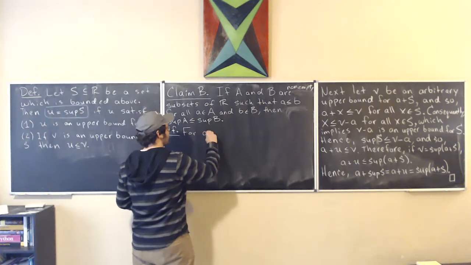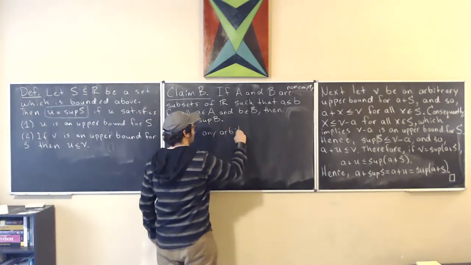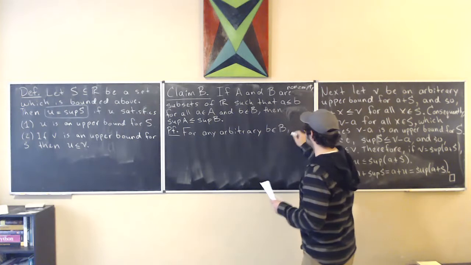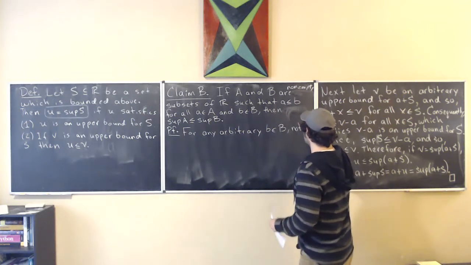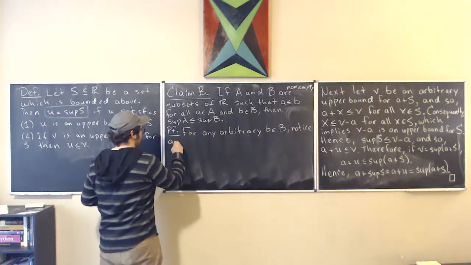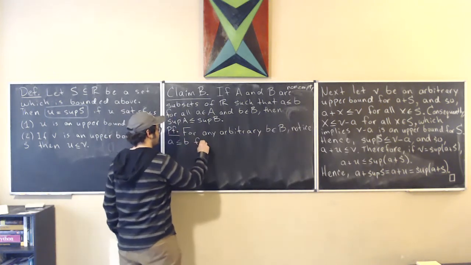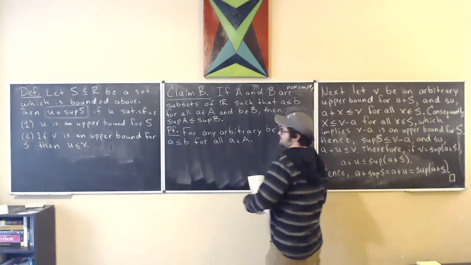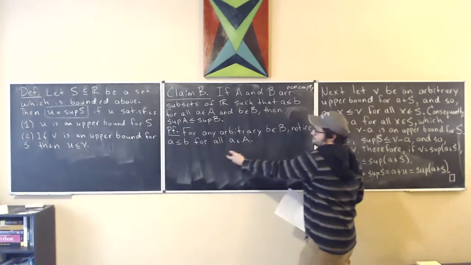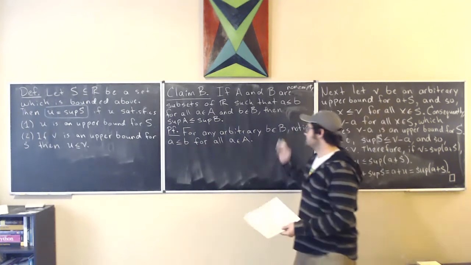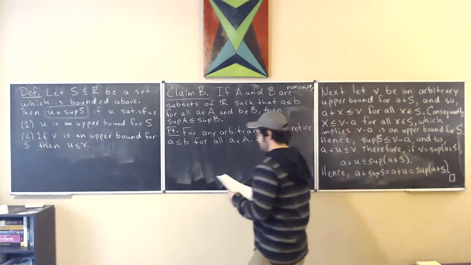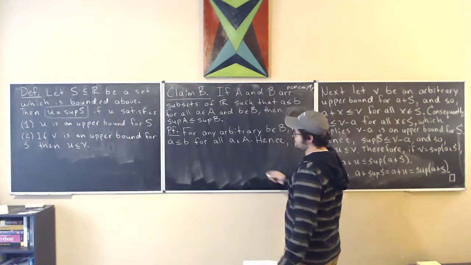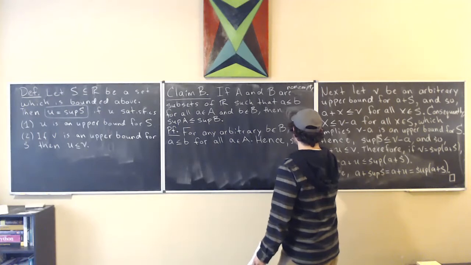So for any arbitrary little b in capital B, notice a is at most b for all a in capital A. So since for any b, we can just pick an a, and any a in A is going to be bounded above by b, we see that b is an upper bound for the set A. Hence, we can say that the supremum of A is at most b.